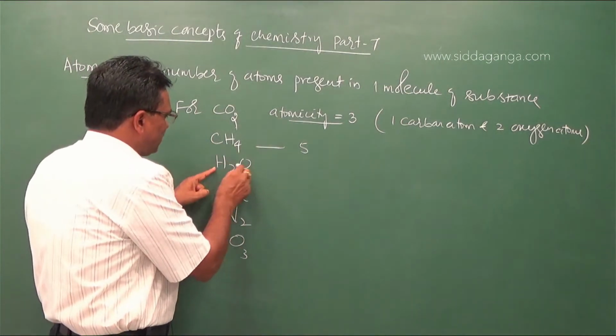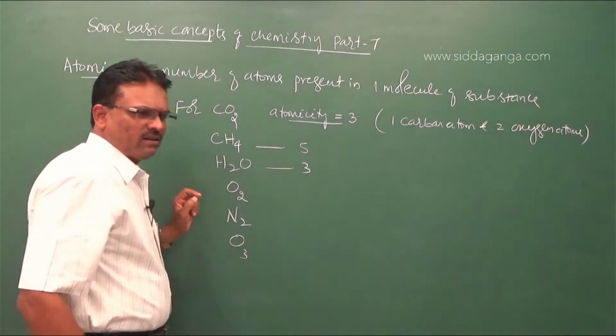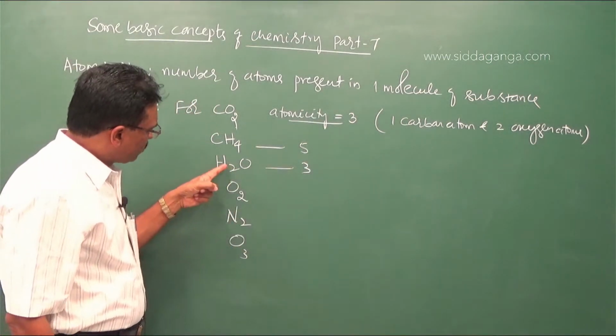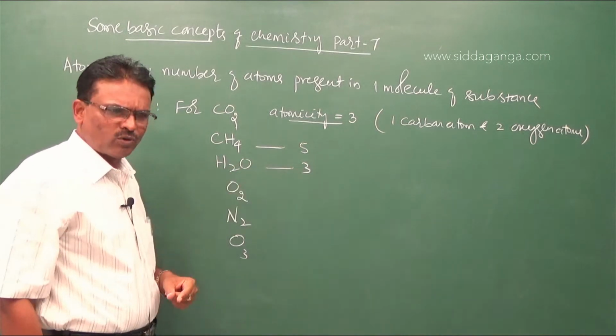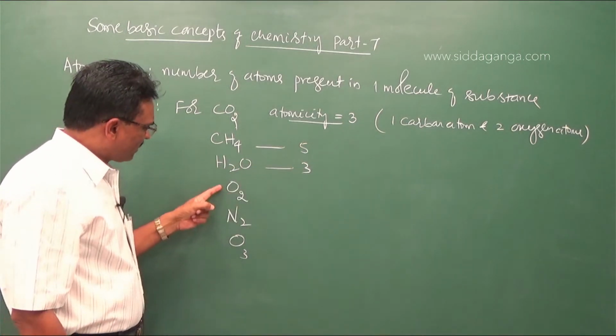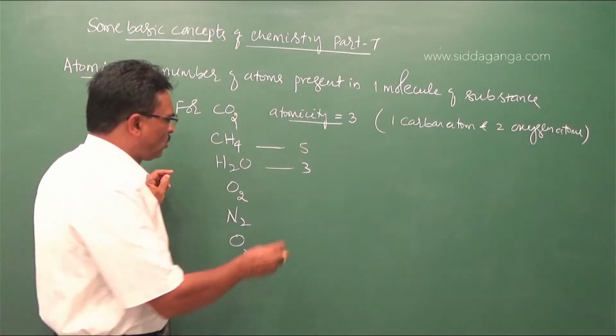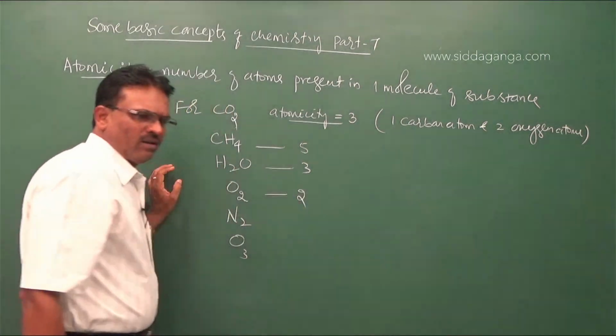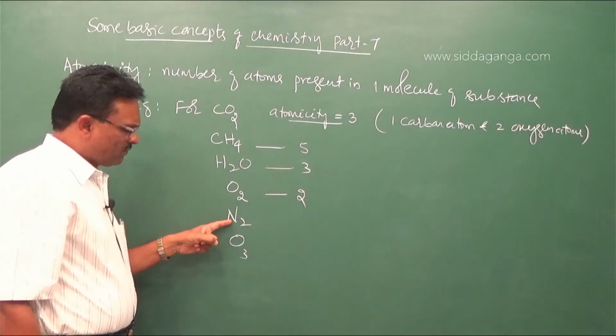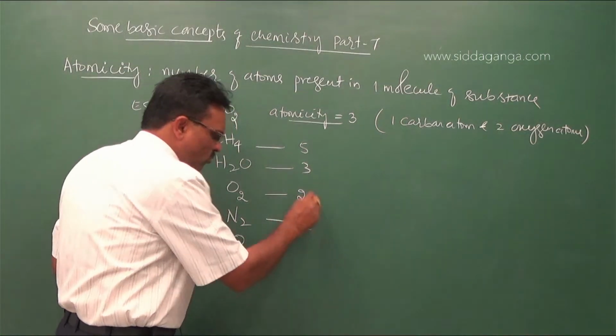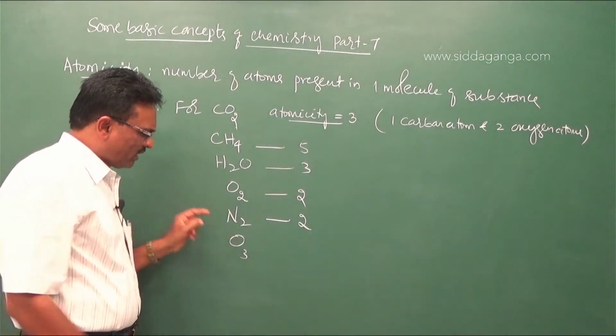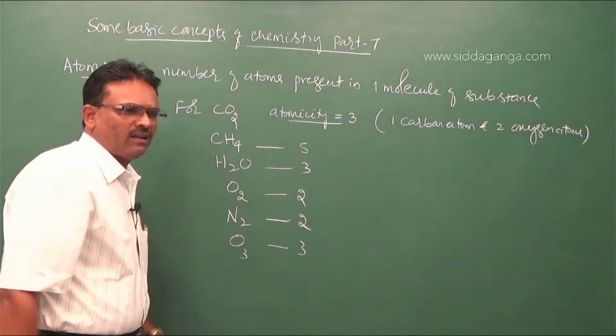And atomicity of water is 3, because it contains 2 hydrogen atoms and 1 oxygen atom, totally 3. And atomicity of O2 is 2. Clear? Then atomicity of N2 is again 2. So atomicity of O3 is 3.